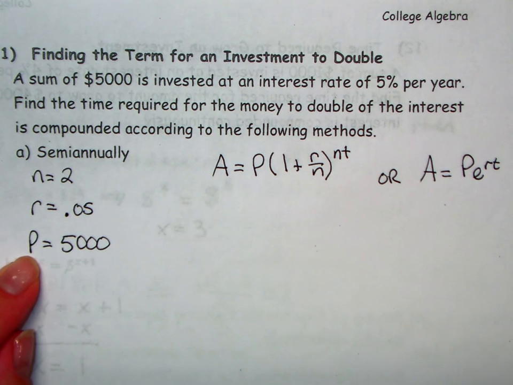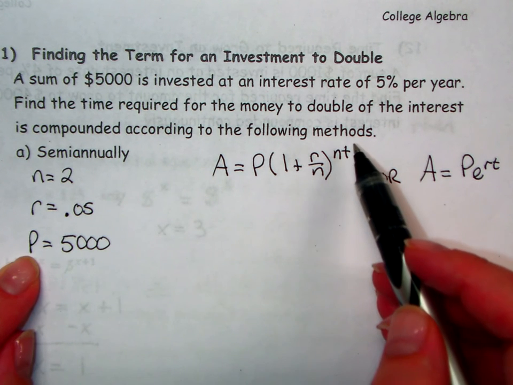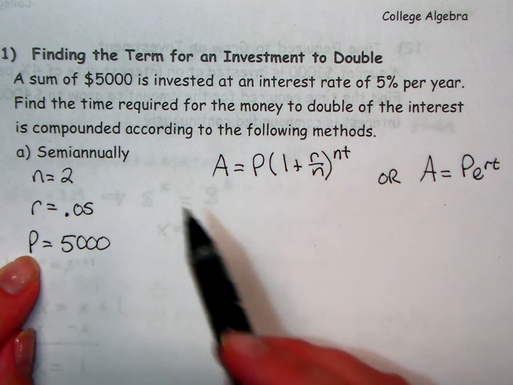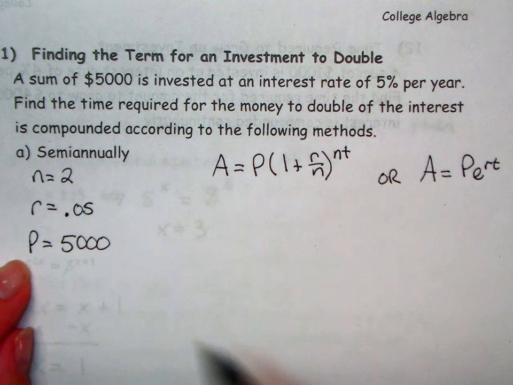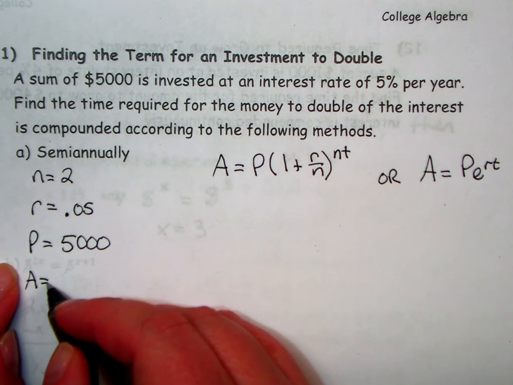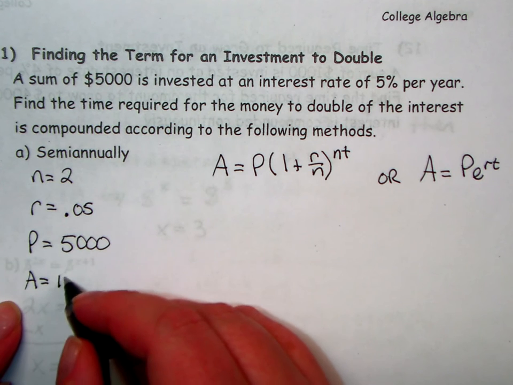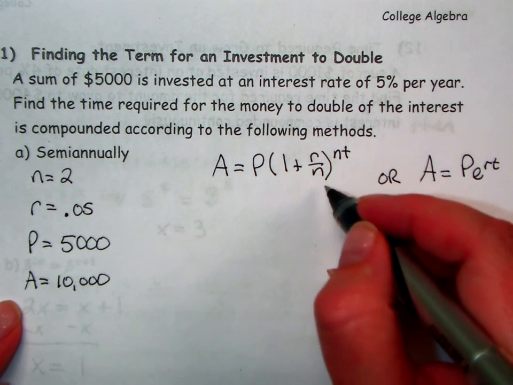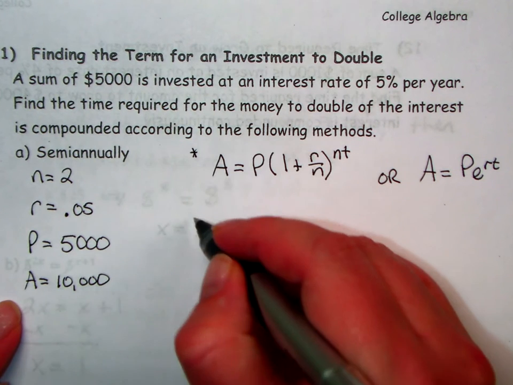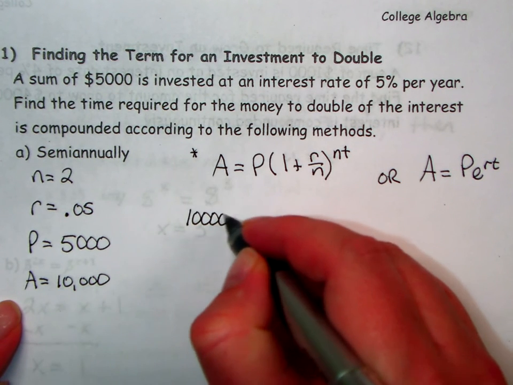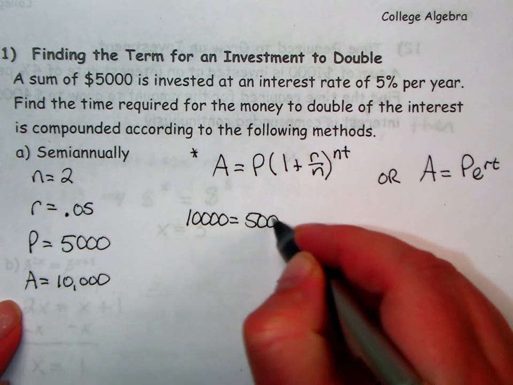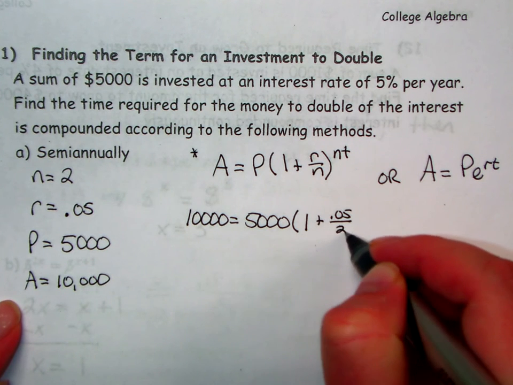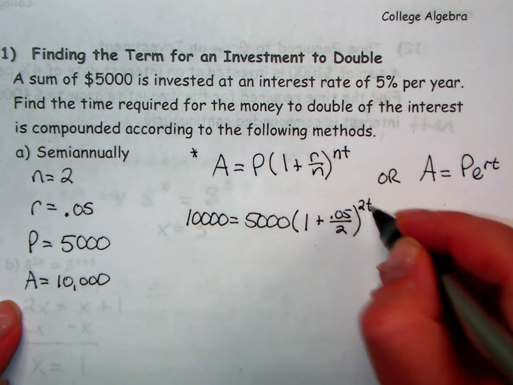The question asks us to find the time, so we're not going to plug a number in for t. We're going to solve for t. We want our money to double, so we want the amount of money after we add interest to be $10,000. If I plug these numbers into this equation, I get 10,000 equals 5,000 times 1 plus 0.05 divided by 2, raised to the 2t.